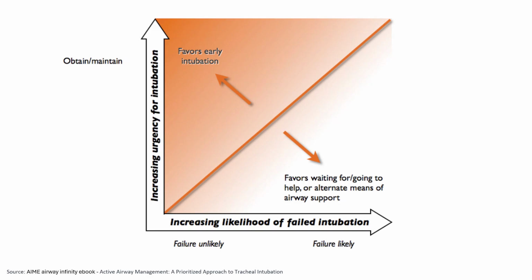That's one of the models that I think is really important in A. And another really important model in A is this: when do we need to intubate the patient? So on the y-axis we have when we need to intubate, in increasing urgency, and on the x-axis we have how likely it is to fail.